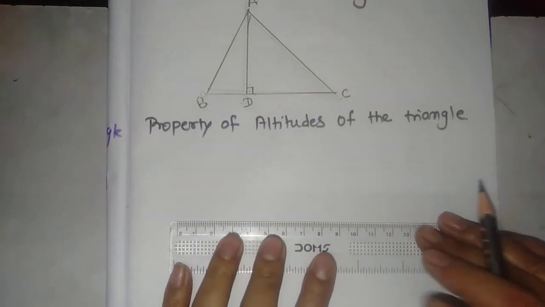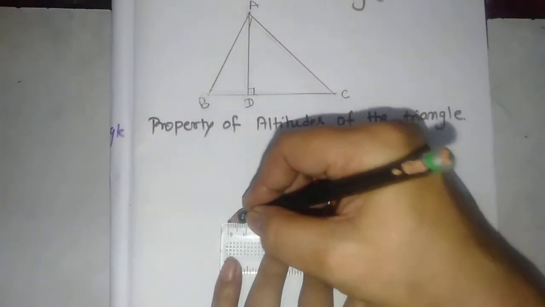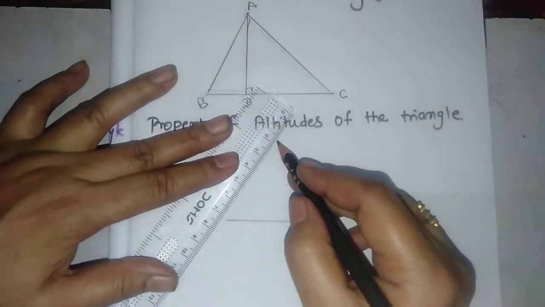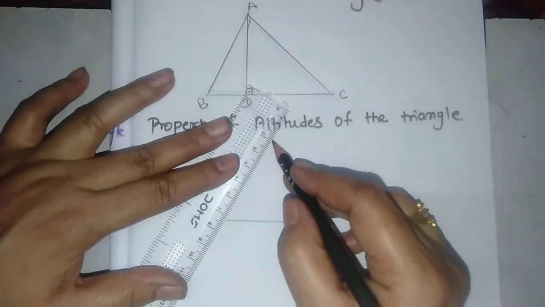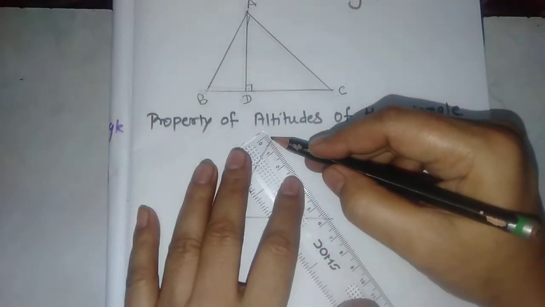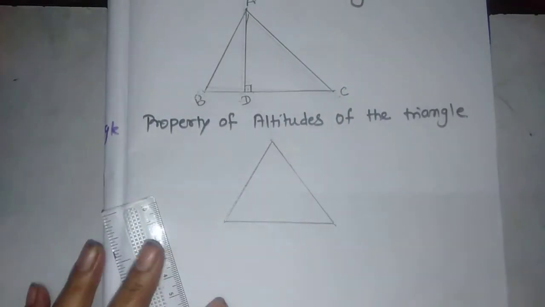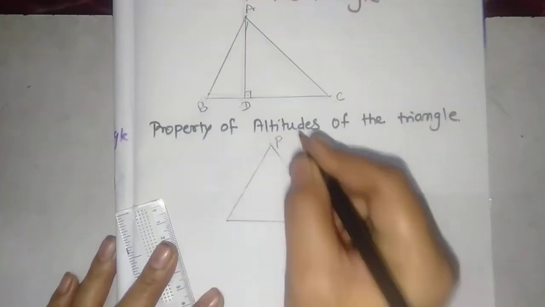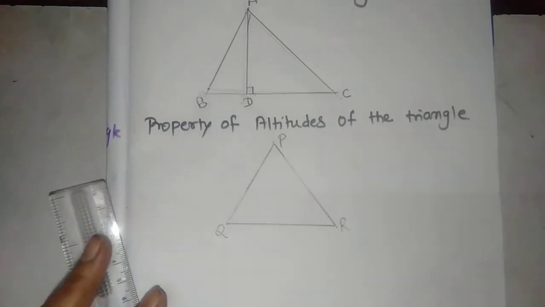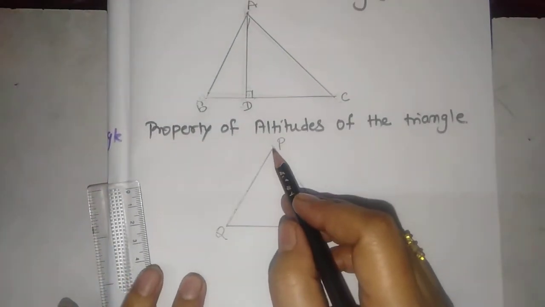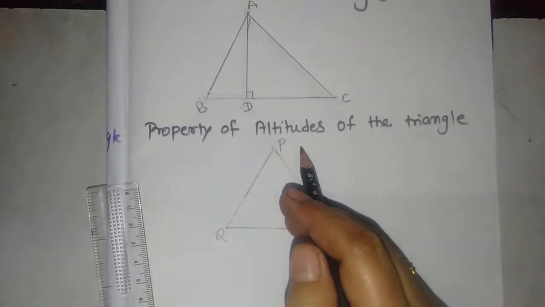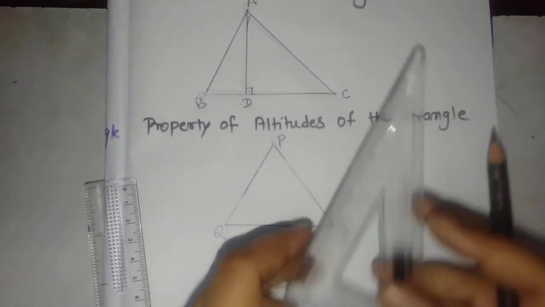So firstly draw the triangle. Give any labels. Suppose P, Q, R. So firstly draw the altitude from the point P. Take the set square.